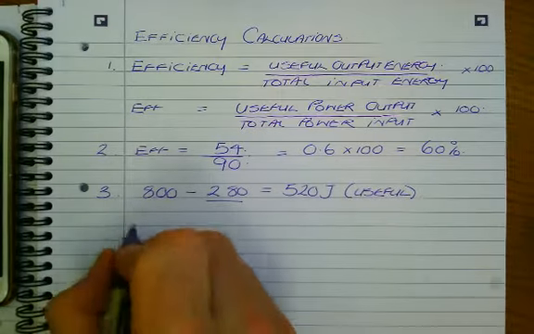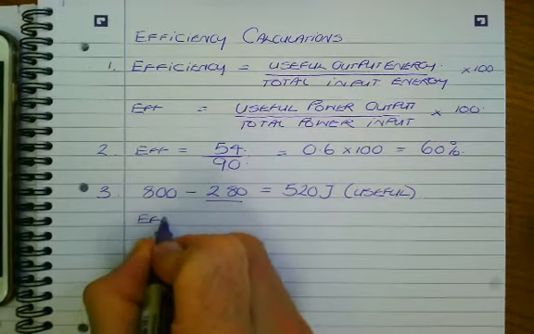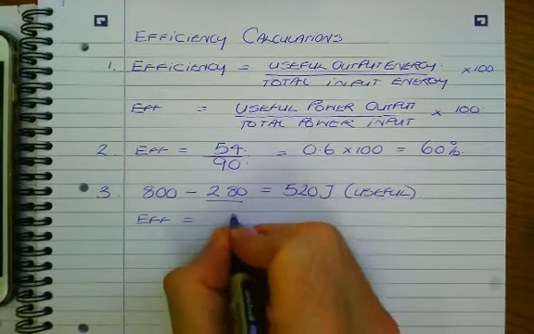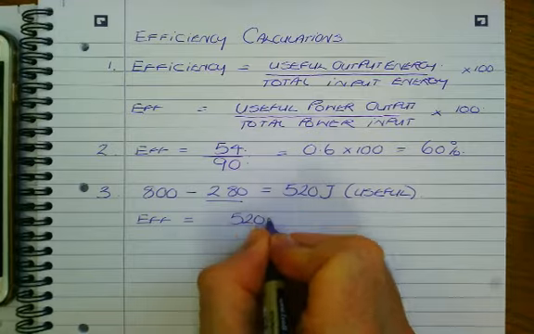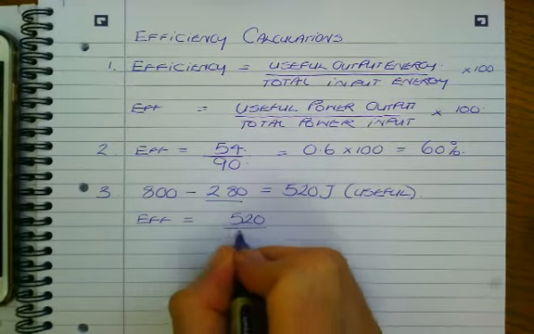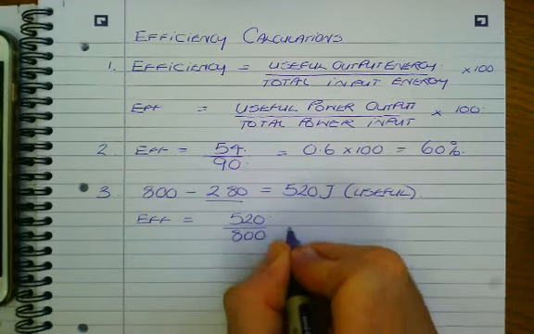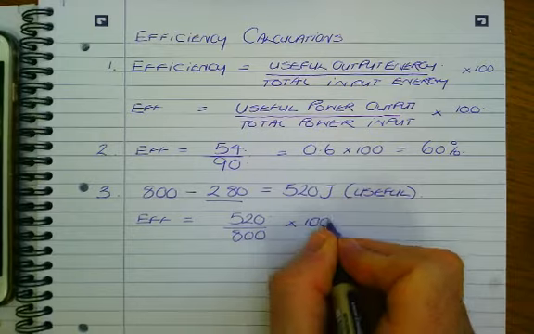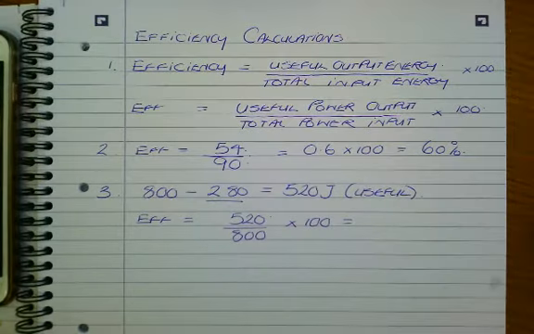The 280 was wasted, so the efficiency will be the 520 useful divided by the 800 input, and I like doing it as a percentage. Which will give you an answer of 65%, I believe.